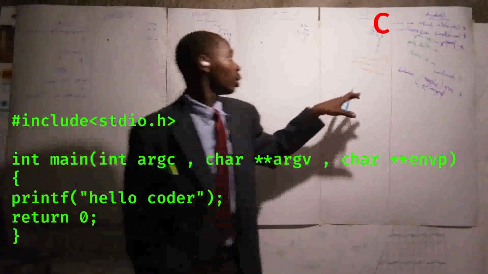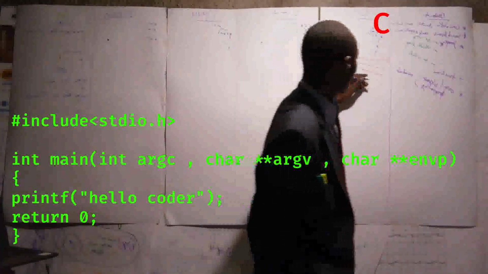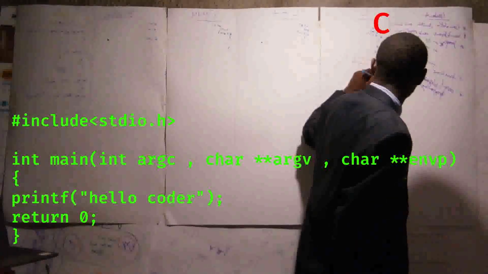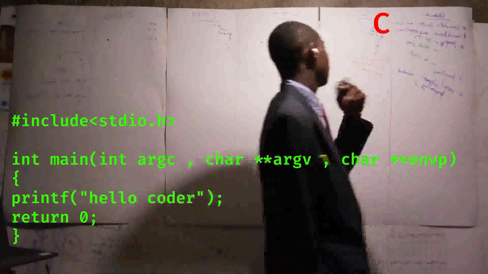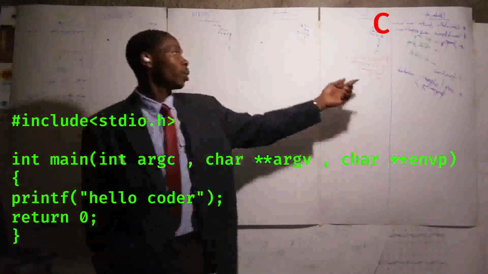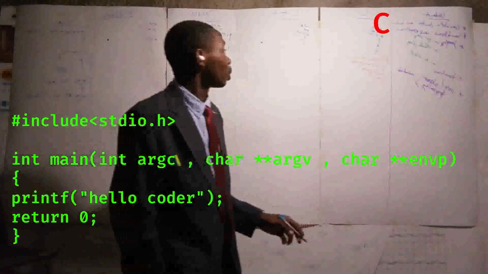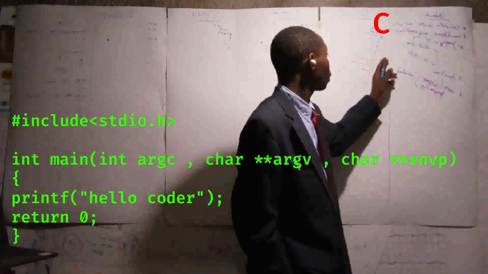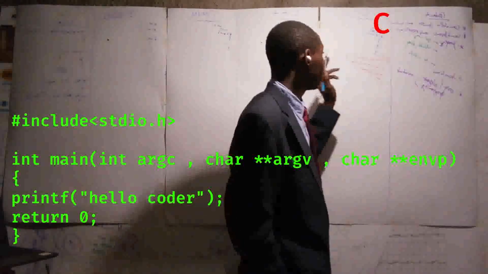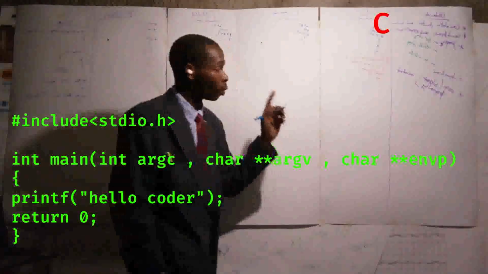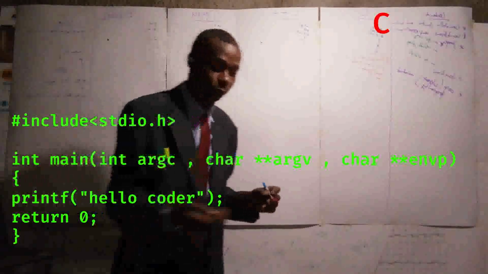After you want to print this in your C code, return 0, semicolon. So this is the process of how you print text on the console screen in C.